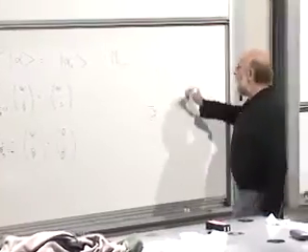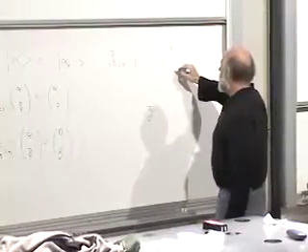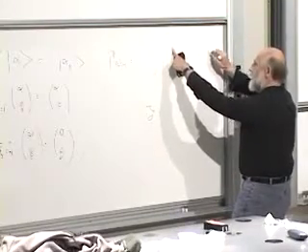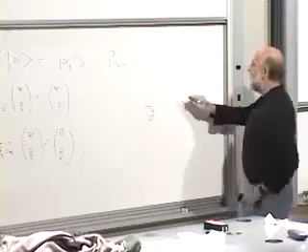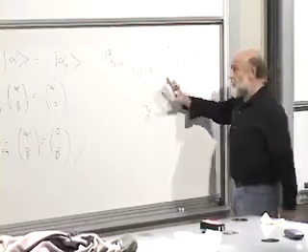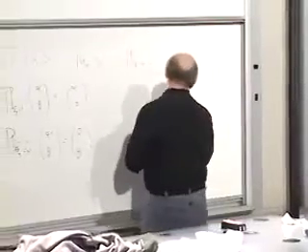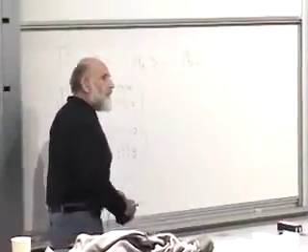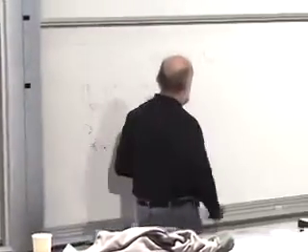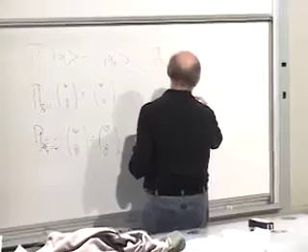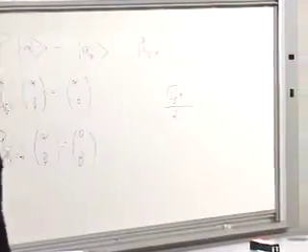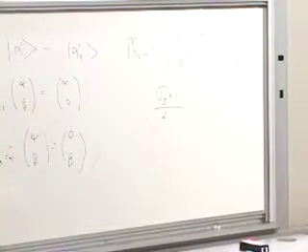Let's check that. Suppose that acts on alpha beta. What does it give? It gives 1 times alpha and 0 times beta. So that's true. There's another way to write it, which is going to be very efficient, and we're going to find it very, very useful to write this operator in the form sigma 3 plus 1 divided by 2. Let's check that.